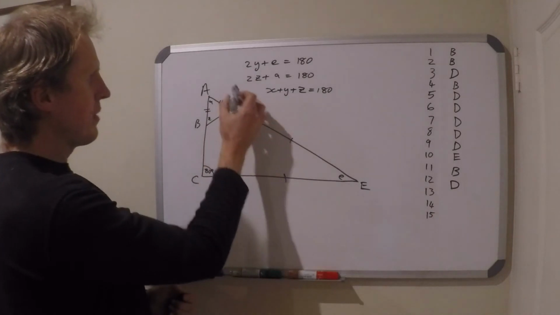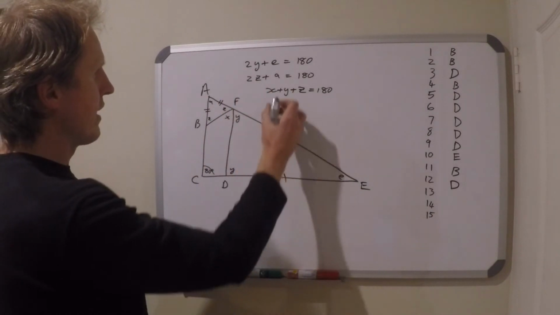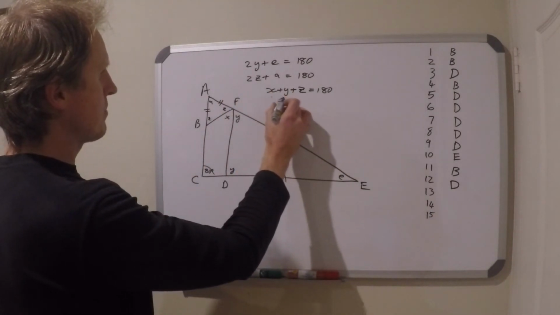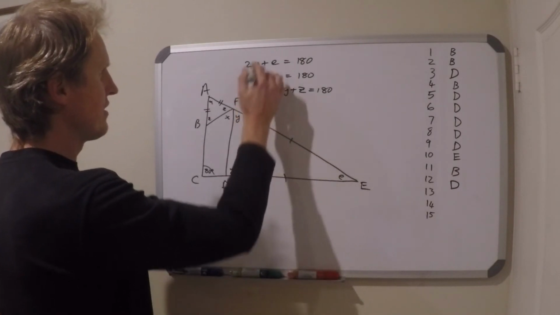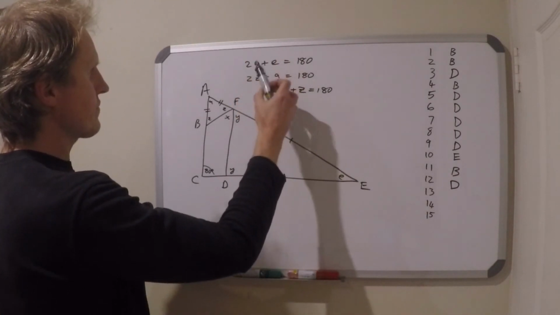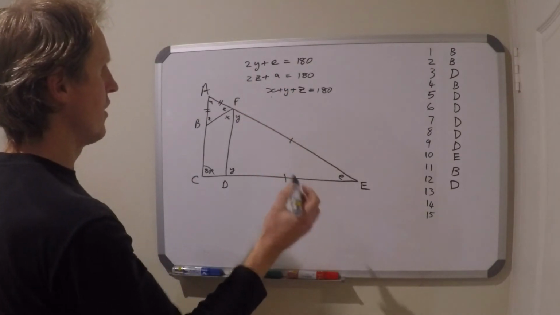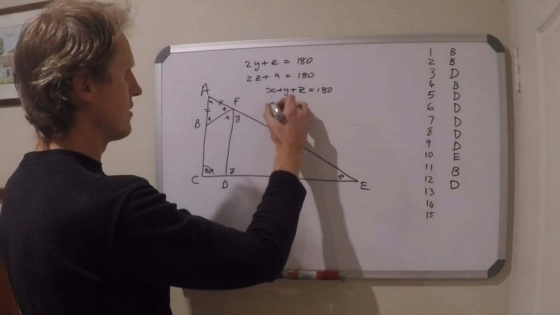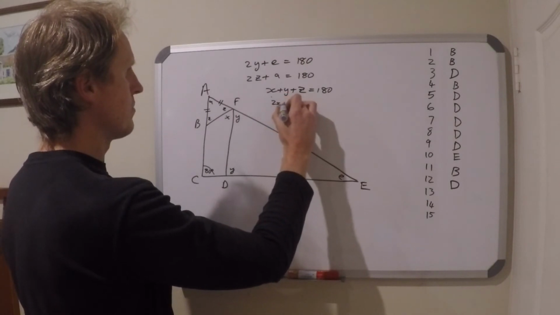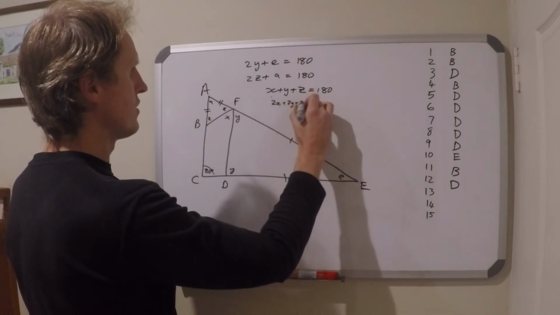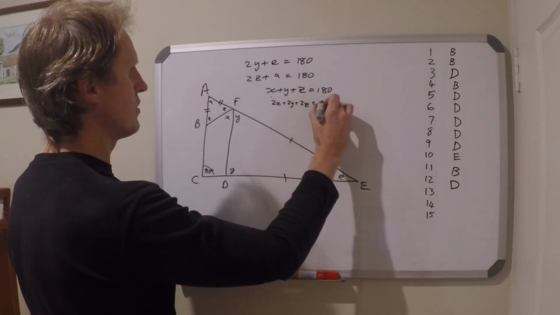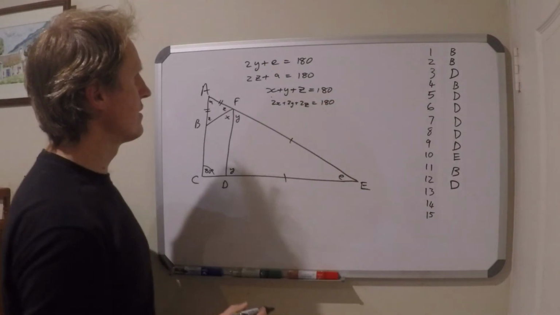Okay, so maybe we can already see what we can do here. Here we've got X plus Y plus Z is 180 degrees. Here we've got 2y and 2z, so let's just multiply this equation by 2. So 2x plus 2y plus 2z is equal to 360 degrees.